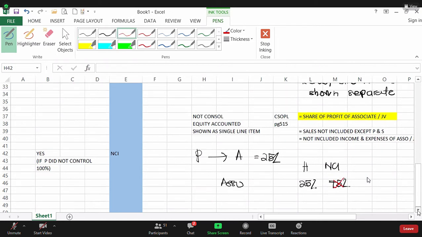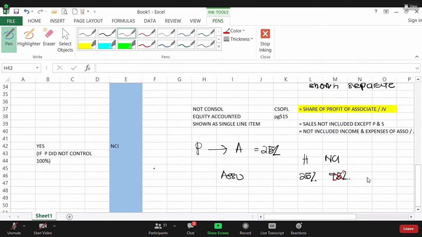Minority. The word non-controlling interest means minority. Is minority big or small? Small. 75 is big, right? So in other words, when you have an associate, you don't have non-controlling interest. The answer for associate is no NCI.